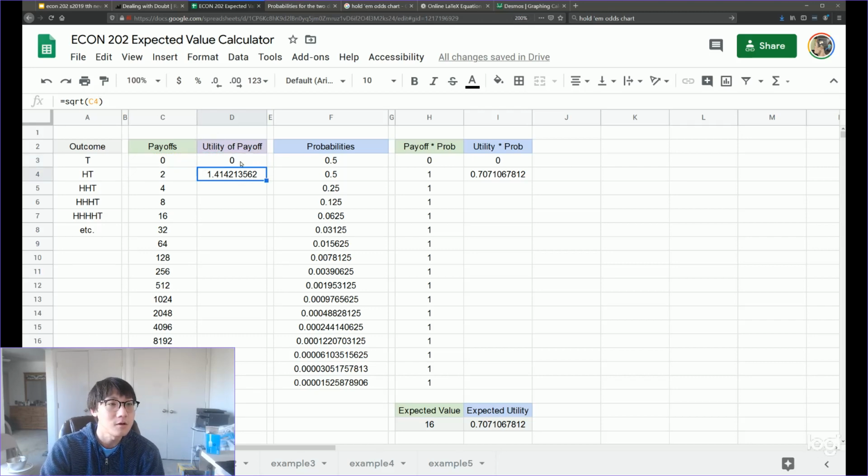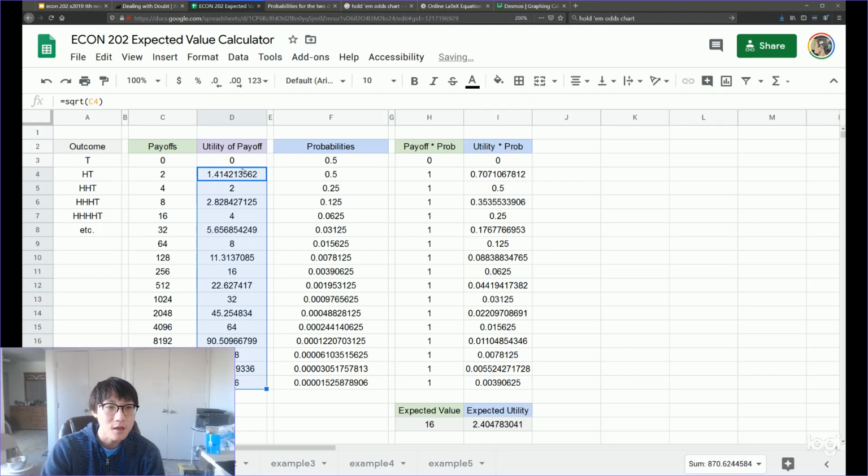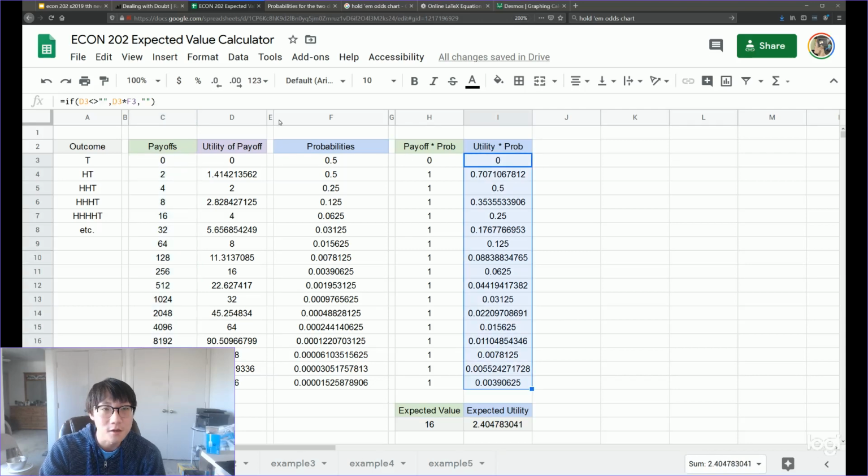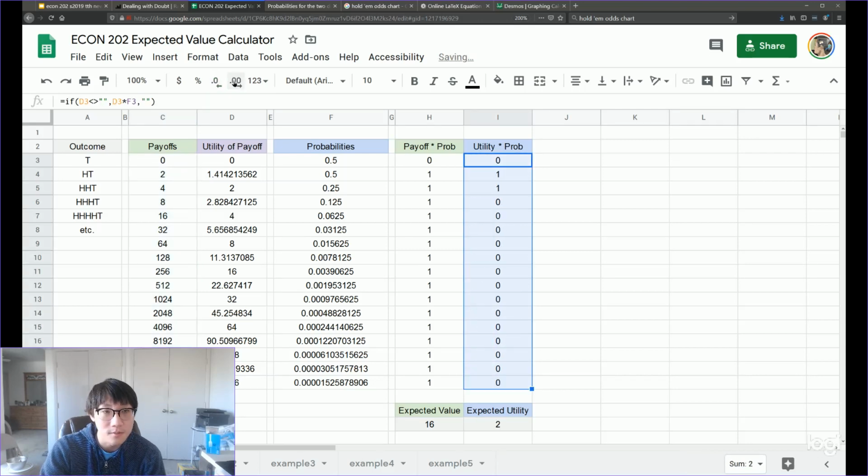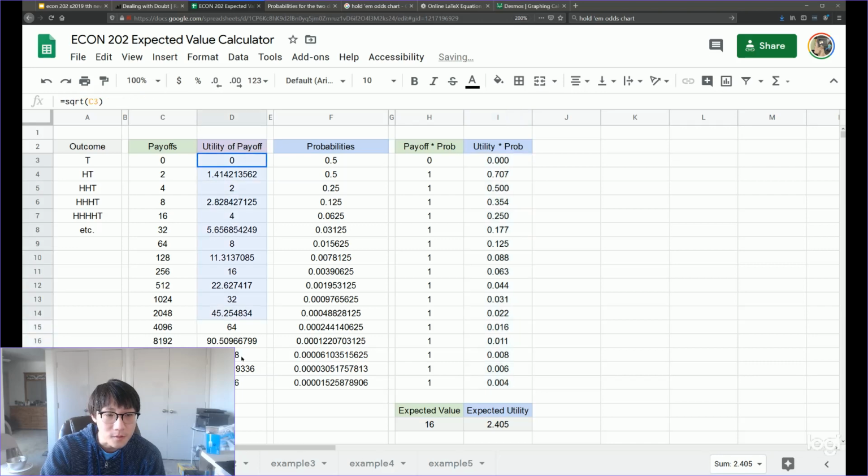So if I fill this square root formula all the way down, you can see the square root of all of these numbers. And let me get the computer to round these to 3 decimal places so they're easier to read.